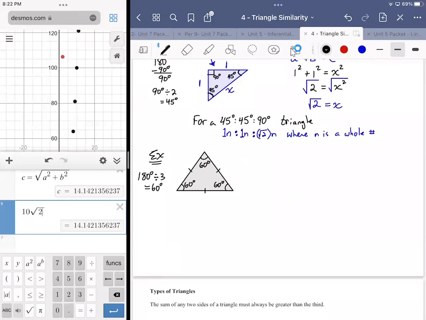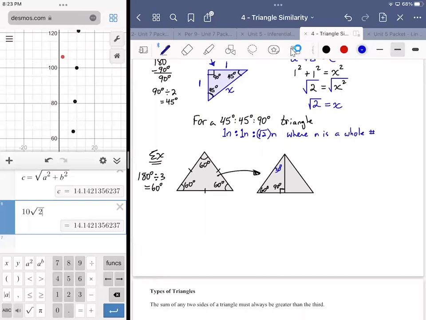Now, in the same vein as what we were talking about before, we can take a vertical line and drop it down to the base of this triangle. So I'll go from here to here. That's going to create a 90-degree angle. Let's say just on the left side for now. I mean, it'll create it on the right side too, but I'm only going to focus on the left side. So if I know that this is a 60-degree angle and this is 90, then that missing angle up here has to be 30.